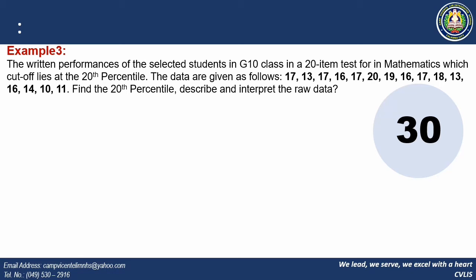The data were obtained from the written performances of the selected students in a grade 10 class in a 20-item test for which the cutoff lies at the 20th percentile. So we have 17, 13, 17, 16, 17, 20, 19, 16, 17, 18, 13, 16, 14, 10, and 11.